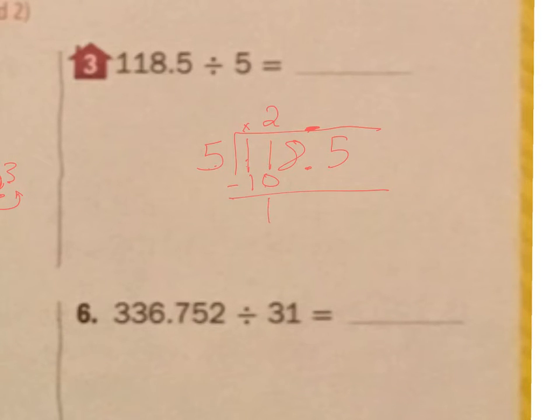And then I subtract that out. Bring down my 8. How many times does 5 go into 18? 3 times. 3 times 5 is 15. Subtract that out. It gets me 3. Bring down my 5. How many times does 5 go into 35? 7 times. My answer is 23.7.